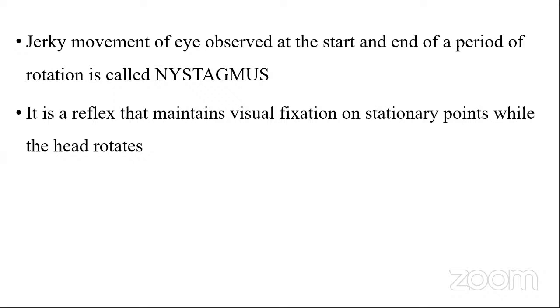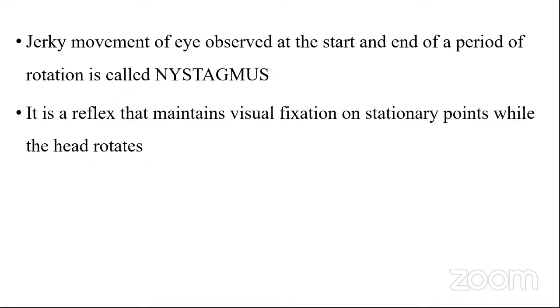In cases of cerebellar lesions, you have already studied about the cerebellum. In abnormality of the cerebellum, when we ask the patient to look towards the right side, there is movement of both eyeballs towards the right, and you can see jerky movements of the eyeball at the start and end of the period of rotation.